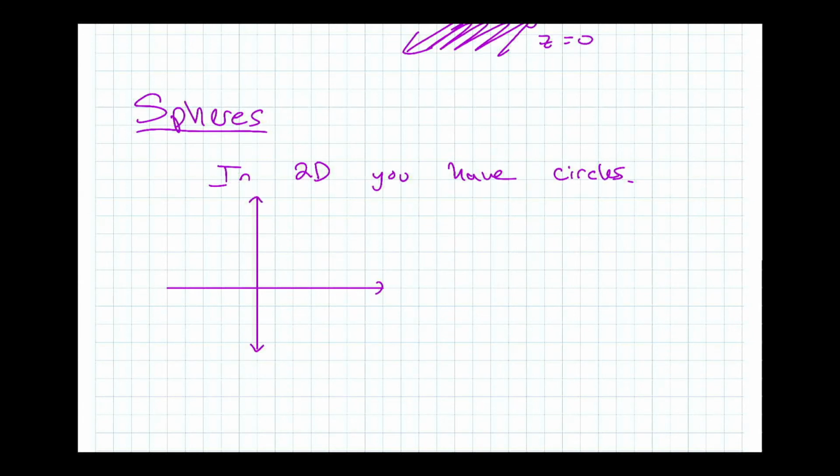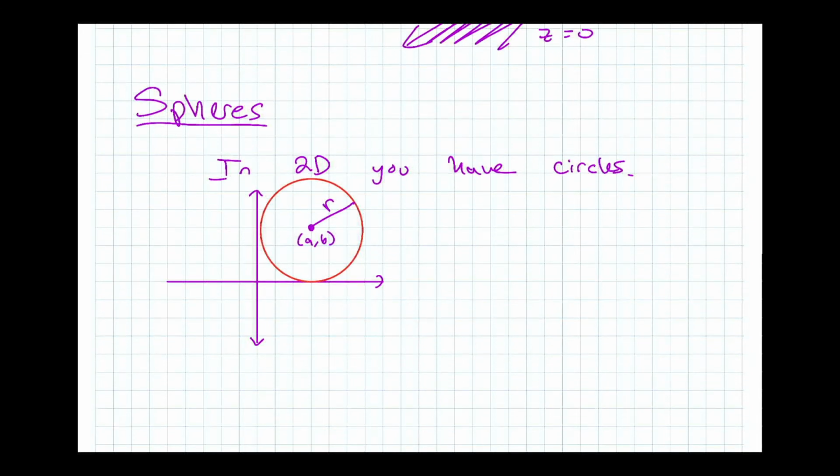But you could have a circle with a certain center and radius, right? Like if you pick a point here, and let's suppose we call this point A comma B is the center, and then you have a radius around this. So then you have a circle around it. You have an R. This distance is R.